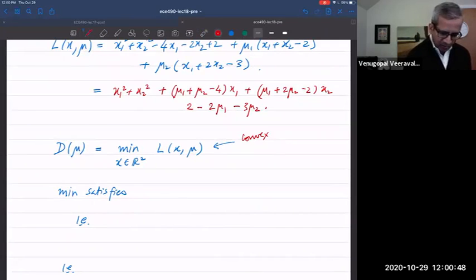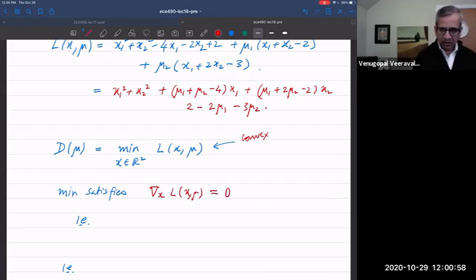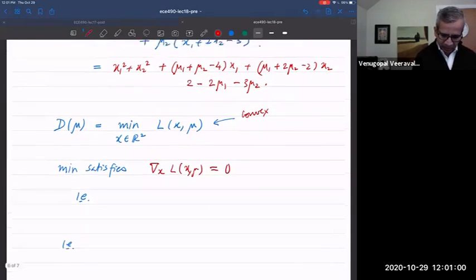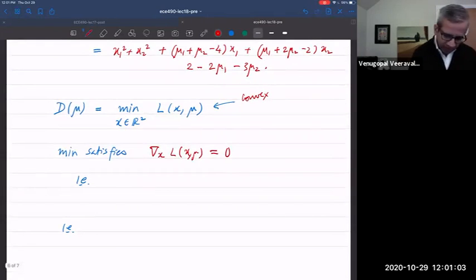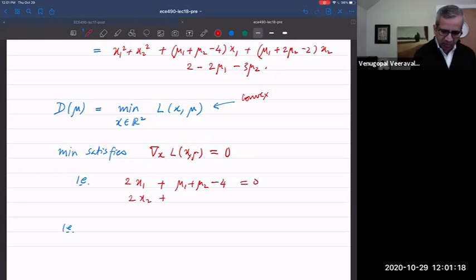So we know that the minimum satisfies the first-order condition, and you can use the gradient. So the gradient will be 2x1 plus mu1 plus mu2 minus 4 equal to 0. And then the second one is 2x2 plus mu1 plus 2 mu2 minus 2 equal to 0.